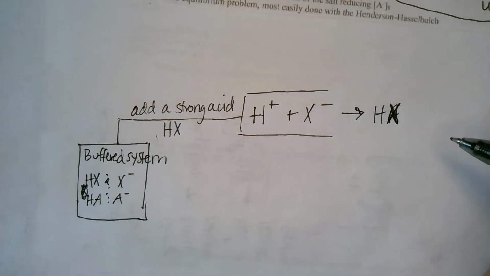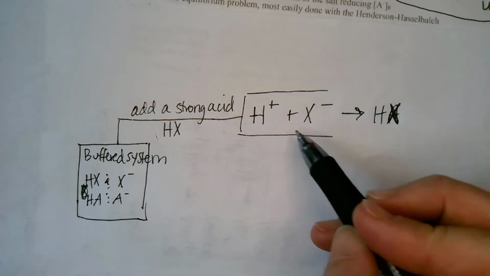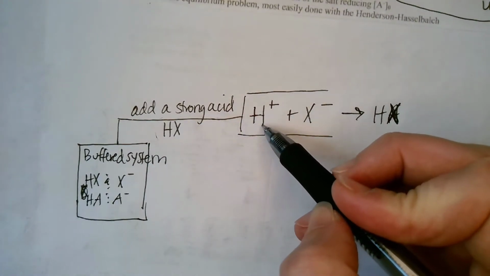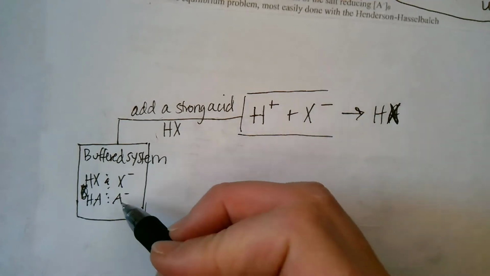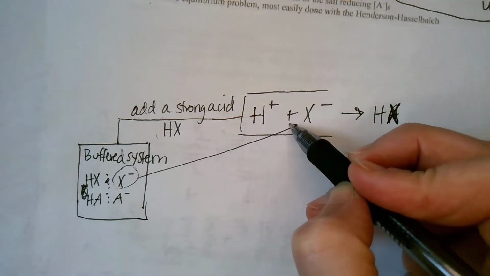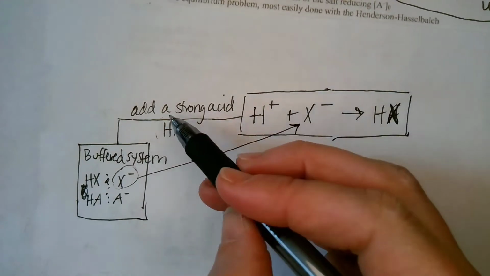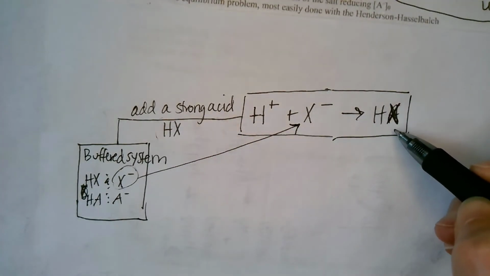Now I've got to remember if I'm using A's or X's. So we have the hydronium from the acid plus the X from our buffered system. It's going to produce more acid. So if I add a strong acid, I produce more acid.